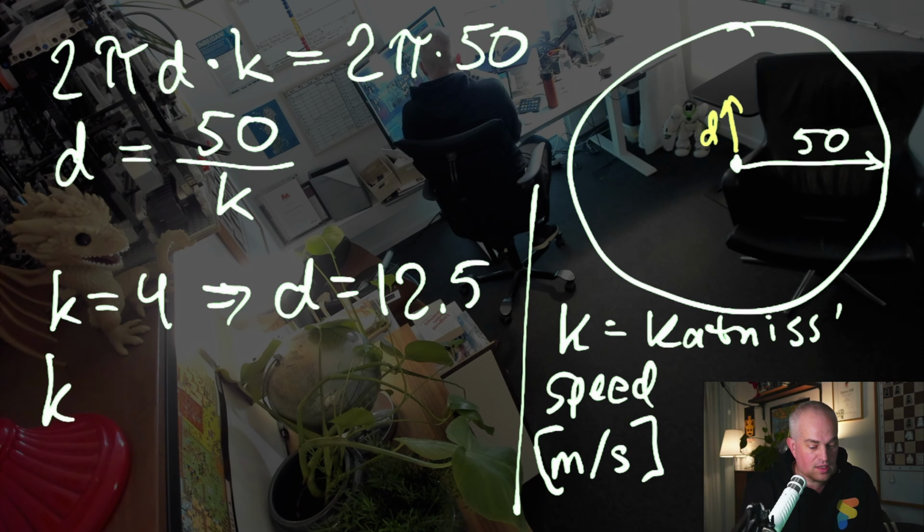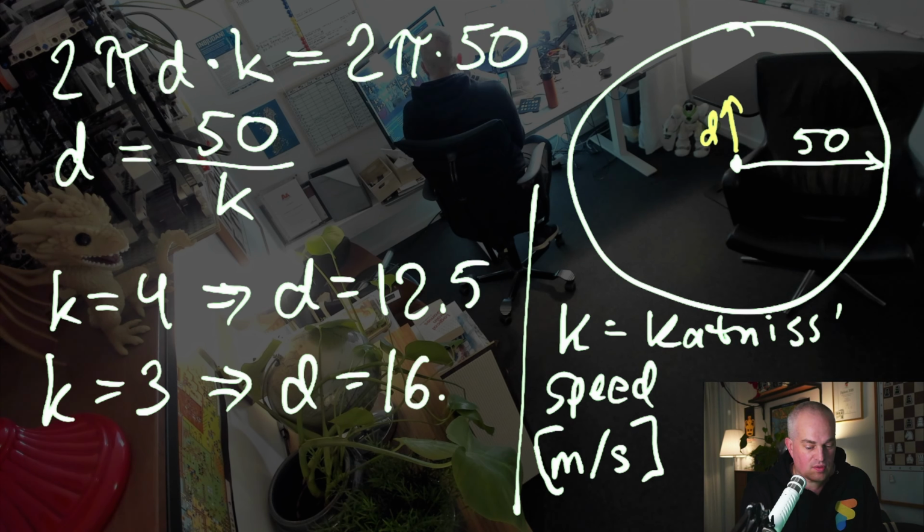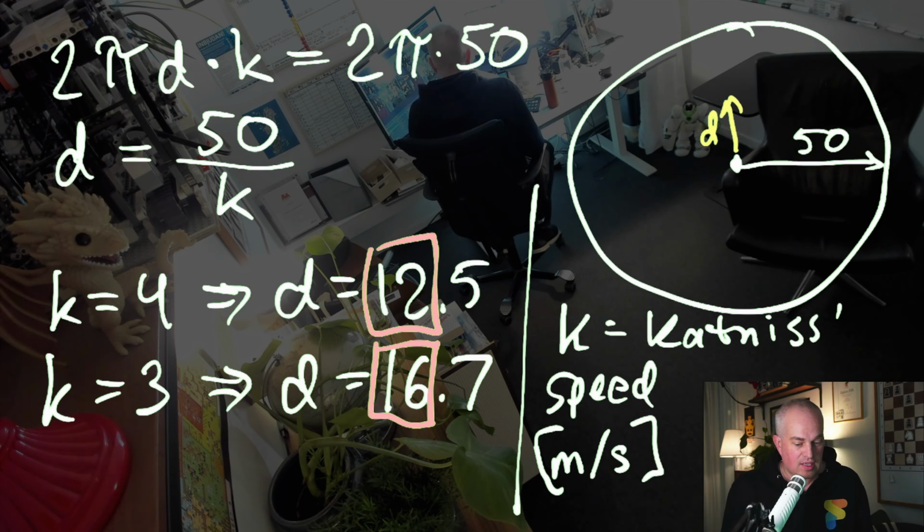And for k equals 3, the level 1, then if we want to use the same strategy of going to this circle and until we are at the opposite side of the midpoint, then we would get a diameter of 16.7. So basically what we would use here is the 12, so that we are faster. 12.5 would be the equilibrium, 12 would make us faster, and 16 would make us faster for level 1 when cat speed is 3.